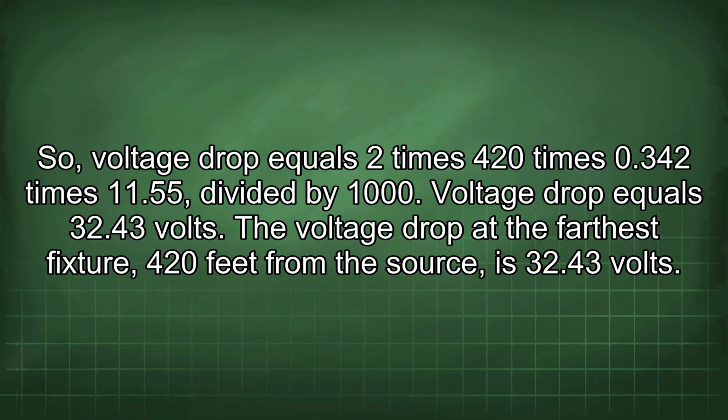So, voltage drop equals 2 times 420 times 0.342 times 11.55, divided by 1000. Voltage drop equals 32.43 volts.